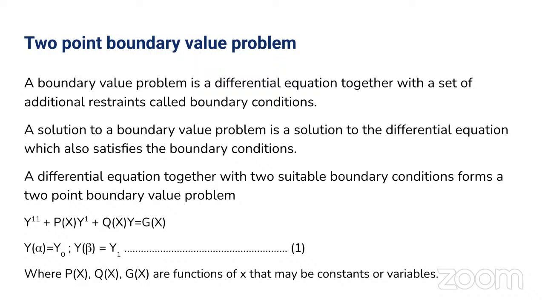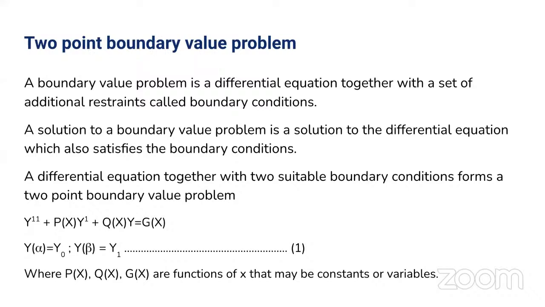Okay, so we'll see that when we consider the examples that will follow in the following slides. So a differential equation together with two suitable boundary conditions forms a 2-point boundary value problem. So you can see that represented in the equation below, where you have y prime prime plus p of x, p a function of x, y prime plus q of x y equals g of x. All right, so y at alpha equals y naught, and y at beta equals y1.